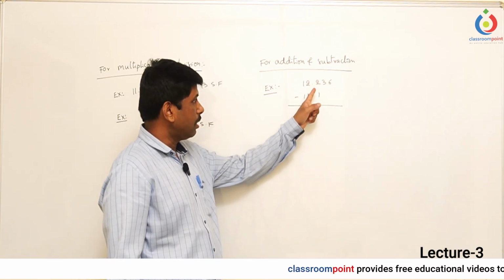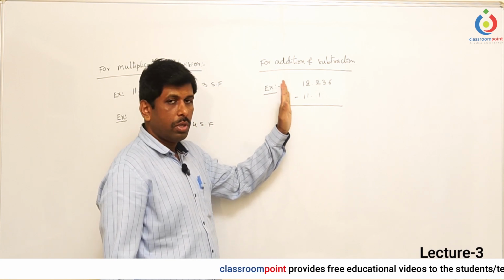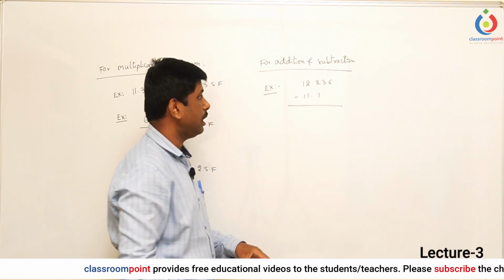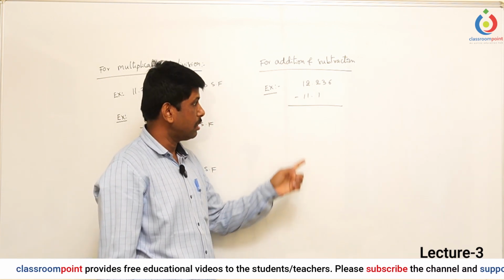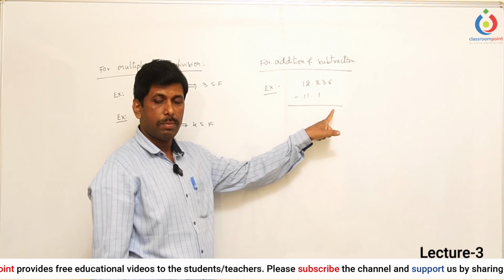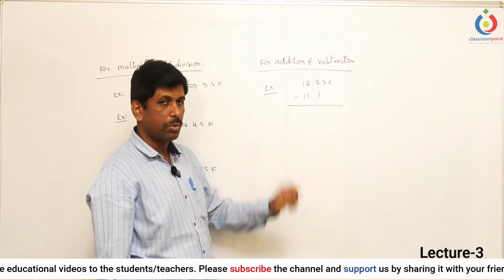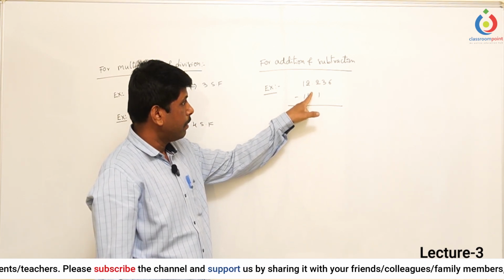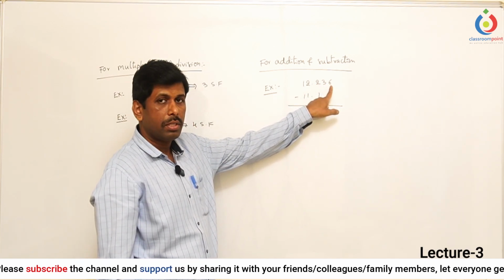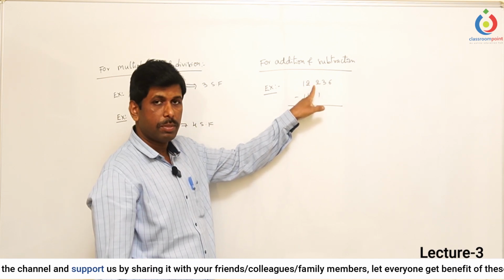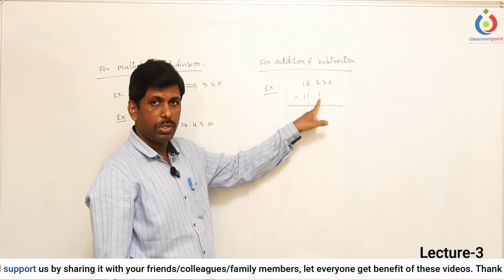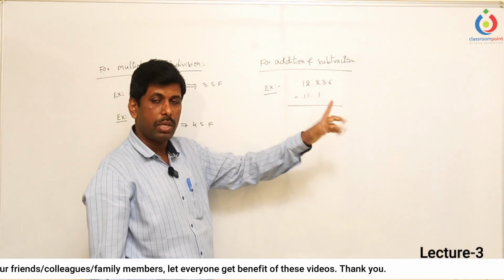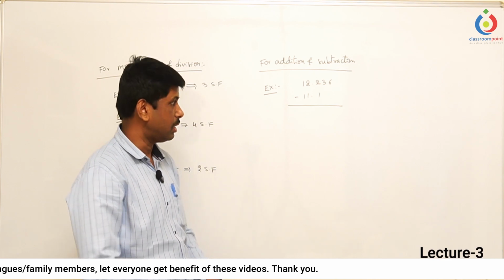In this type of operation, we should not look at the number of significant figures, but we have to look at the number of digits present after the decimal point. The least value we have to report. For example, here 1, 2, 3, 3 digits are present after the decimal position. Here only one decimal position is present. So the answer must also be reported up to 1 decimal position.